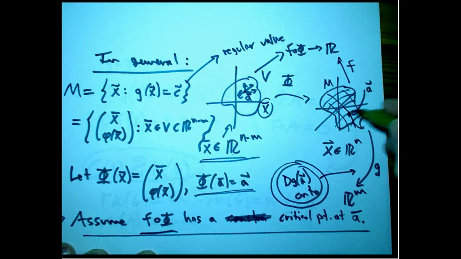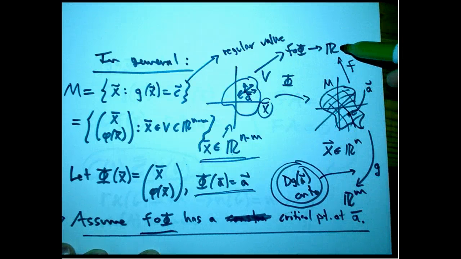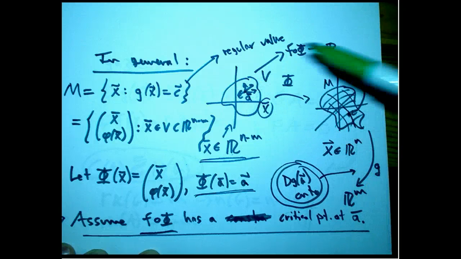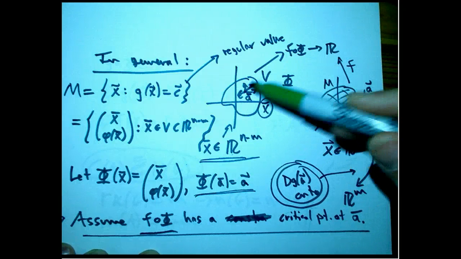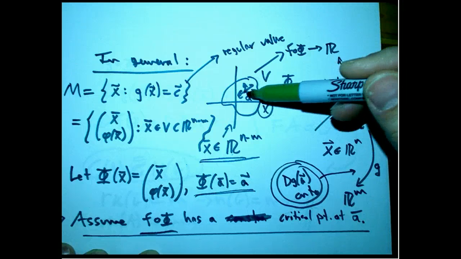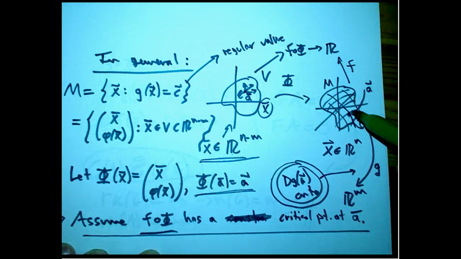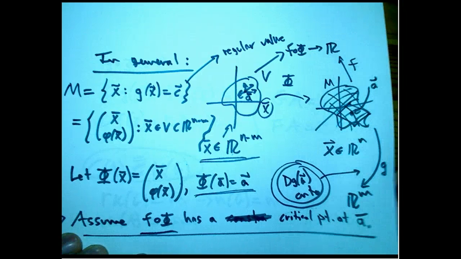It means in directions along this manifold, this level set, you get derivative 0. Or in other words, if I look at f composed with Phi, and that automatically only gives me things that are on this set, then that should be an honest critical point, so that if I go in any direction here, the derivative is 0. Not any direction here, but any direction along the tangent space to this. Okay, so that's our setup.